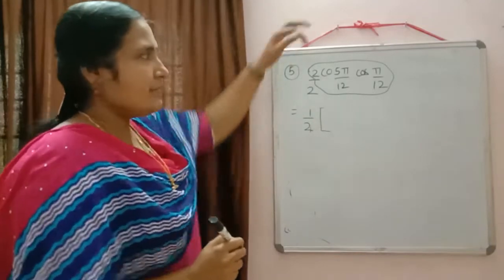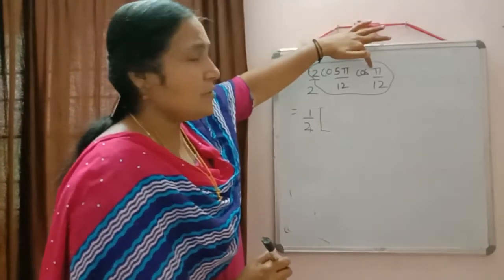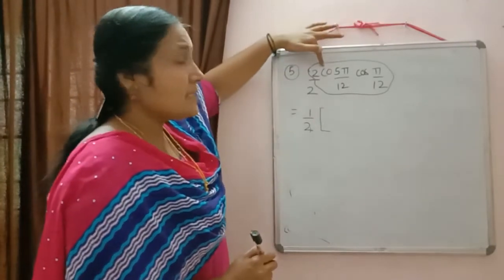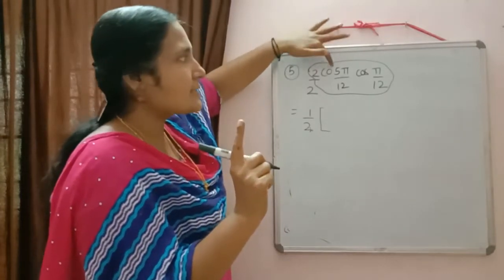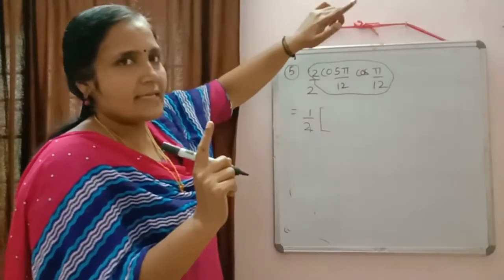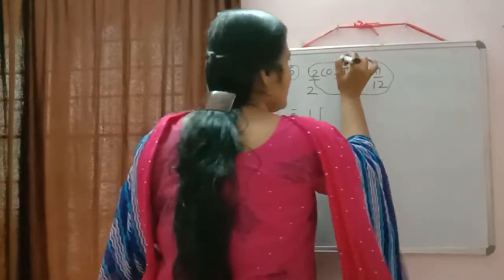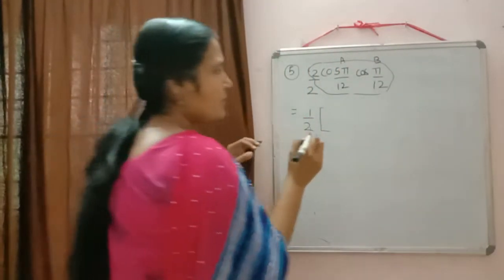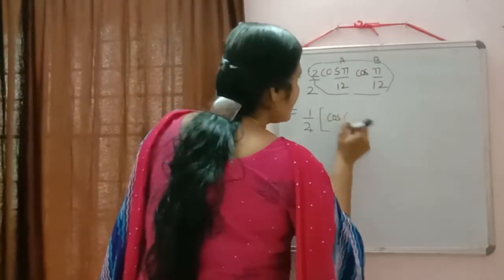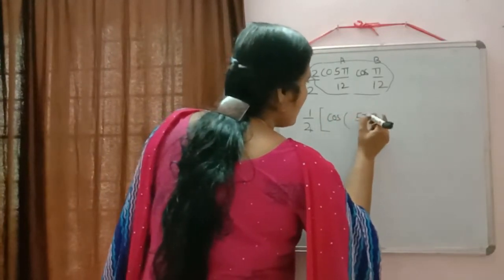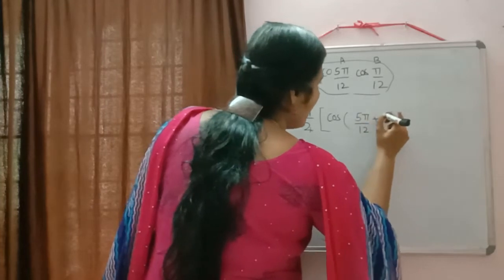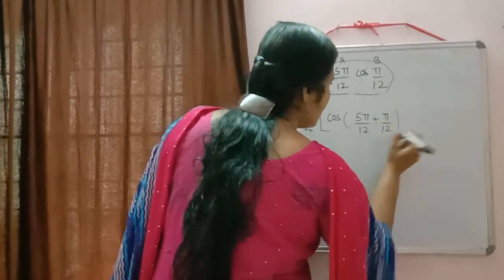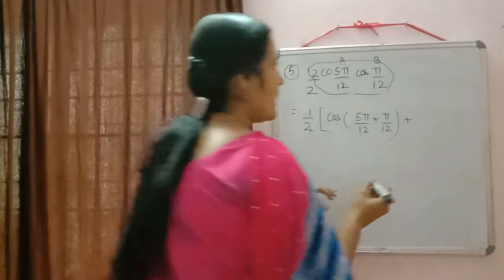Now it is in the form of 2 cos A into cos B. Just to check the formulas, 2 cos A cos B is equal to cos(A+B) + cos(A-B). So here this is A and this one is B. According to the formula, cos(A+B), so cos(5π/12 + π/12) + cos(A-B).